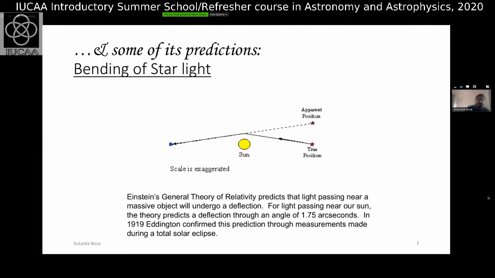Last May we celebrated its centenary. The Event Horizon Telescope image came out in April, a little over a year ago. It was fantastic that this deflection was confirmed to be about the same angle as predicted by Einstein's theory applied to the mass of the sun.